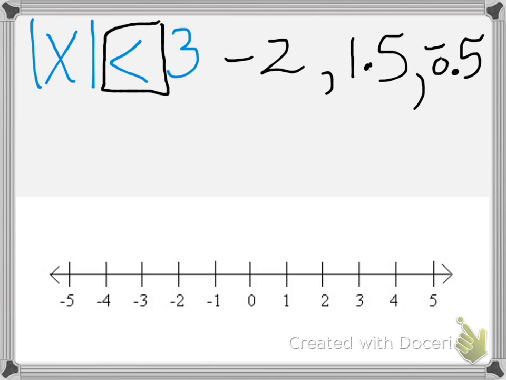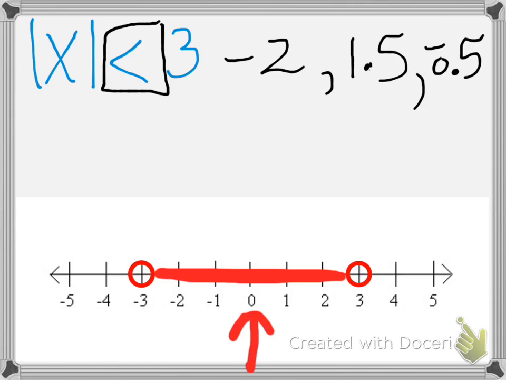So let's look at what a graph of this inequality should be. The graph is going to look just like this. As you can see, I have shaded all the numbers on the number line that are in between negative 3 and positive 3, because all of those numbers in between negative 3 and positive 3 are the ones whose distance from 0 is less than 3 places away.